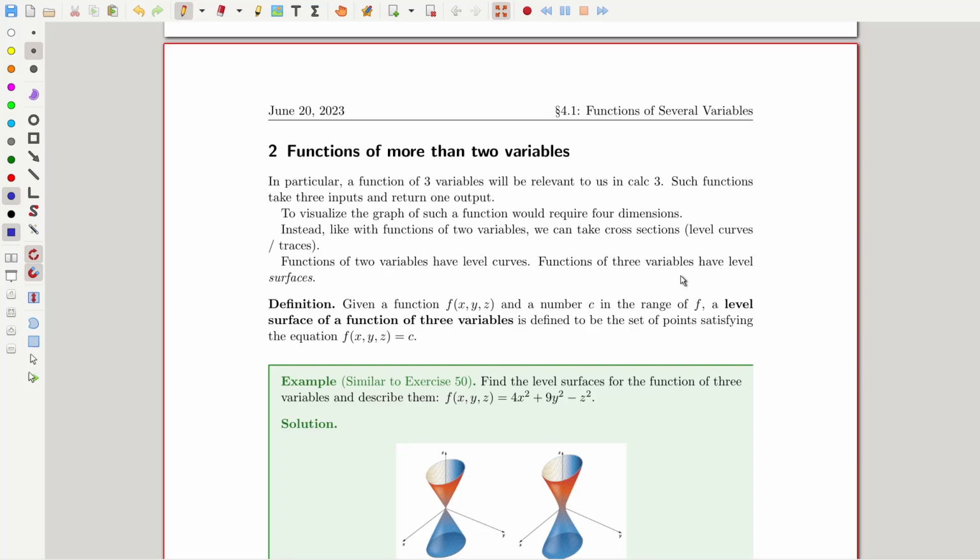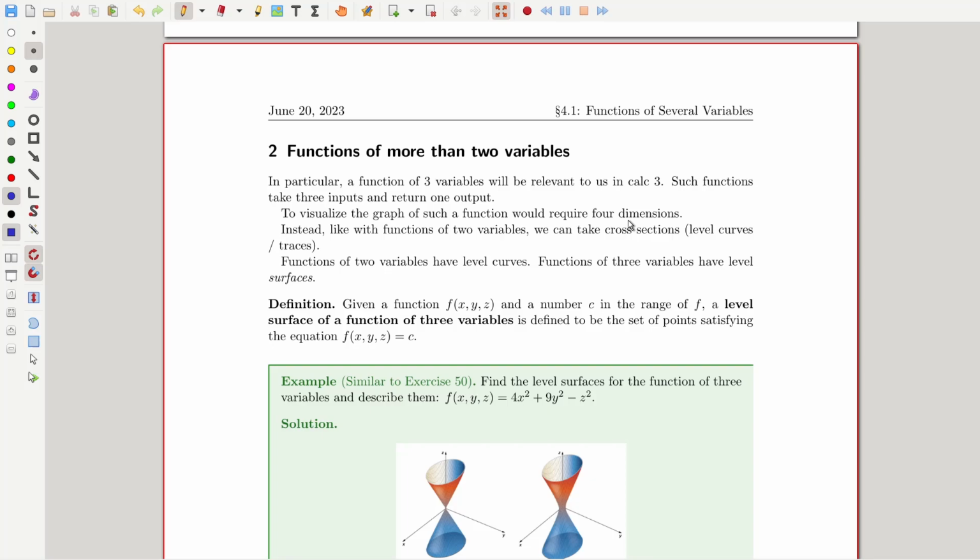A function of 3 variables takes in 3 inputs and gives you back 1 output. So the graph of that function would require 4 dimensions to see it completely: 3 dimensions of input in our base and 1 dimension as the output. That output dimension has to be perpendicular to the 3 spatial input dimensions. So that whole thing is in 4-dimensional space.